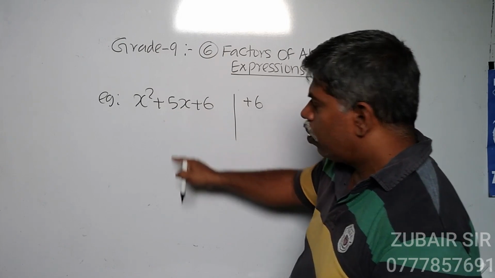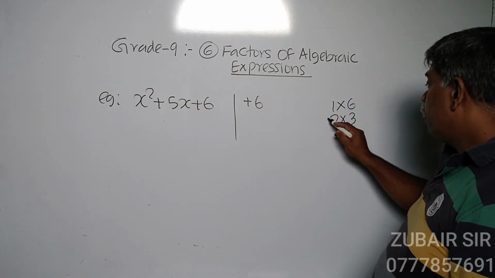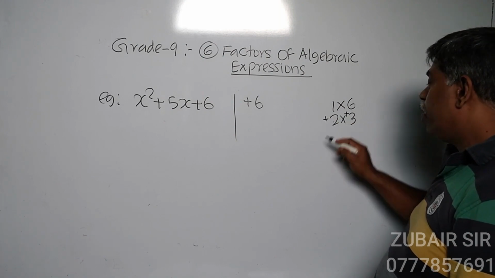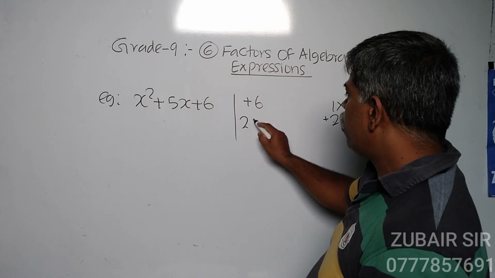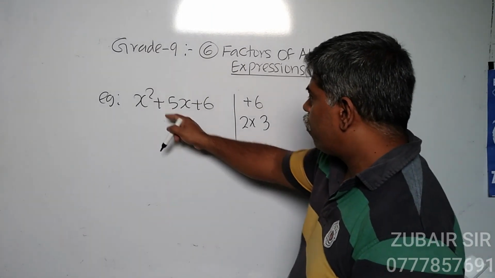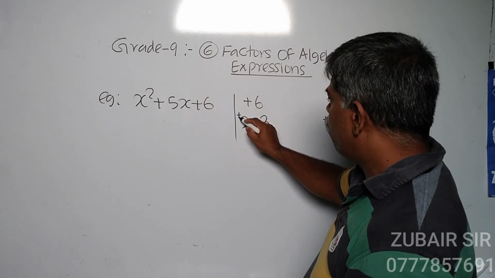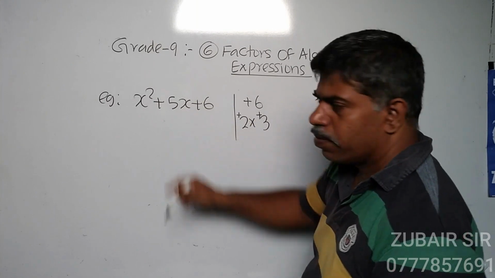So how to take the plus 5? When you put 2 and 3, while adding 2 and 3, you will get the plus 5. Then say the factors of plus 6 is 2 into 3. I have to get plus 5. Then plus 2 and plus 3 gives plus 5.